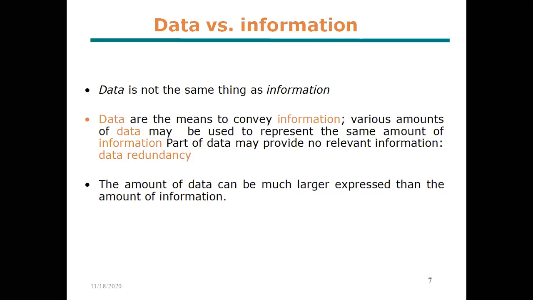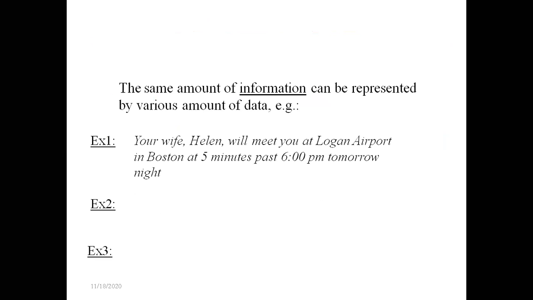So here, various amounts of data may be used to represent the same amount of information. That means, for example, if you observe these examples here, I want to represent this information by using some data.